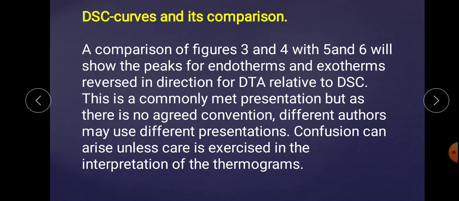So confusion can arise unless care is exercised in the interpretation of the thermograms. Four figures are compared, that is the 3rd, 4th, 5th and 6th figures, which show the DSC curve, but the interpretation of the thermogram can differ on the basis of different authors.